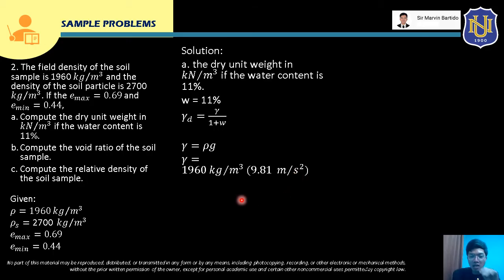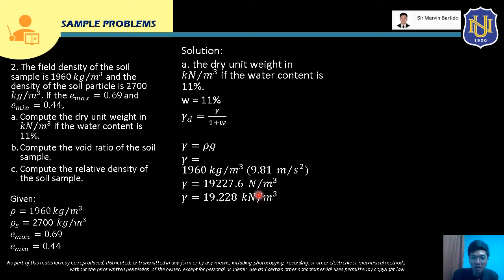Okay, so class, the result here will be 19,227.6. So kilogram times meter per second squared, that is Newton, class. Okay, so over meter cube. So we can convert this into kilonewton by dividing it by 1,000. So this will become 19.228 kilonewton per meter cube.